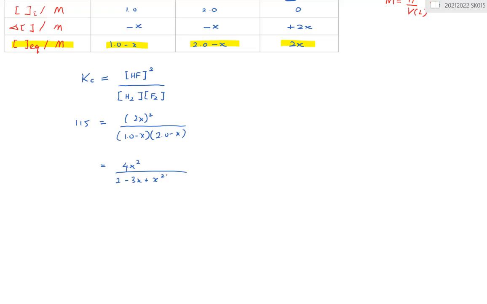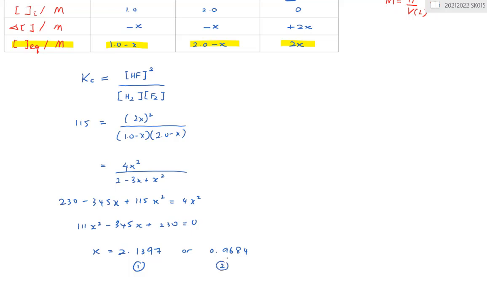You need to utilize your mathematic skills to do these calculations. After you solve the quadratic equation, you will get two values of x. The first one is 2.1397, and the second value of x is 0.9684. So our final target is the equilibrium concentration.